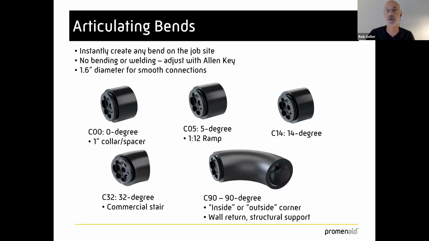That's one of the reasons we're doing a lot of work in hospitals. With the 90 degree, with a lot of other manufacturers you'll have an inside and an outside. We use the same thing, we just adjust the length of the railing, and this will perform a number of functions. It can be a corner, or it can be a wall return and actually provide structural support.